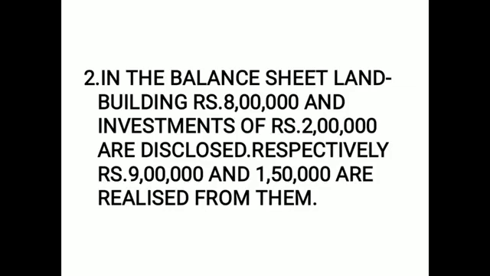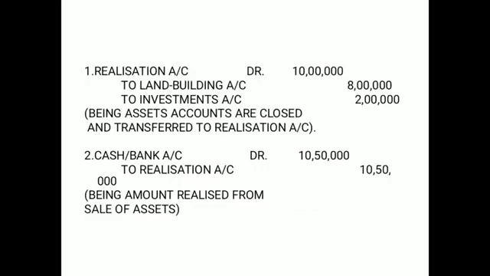So which are the assets in the given question? It is land and building and investments. So realization account debit 10 lakh, to land and building 8 lakh, to investments 2 lakh. You can also write separate journal entries for this: realization account debit 8 lakh to land and building account 8 lakh, then realization account debit 2 lakh to investments account 2 lakh.